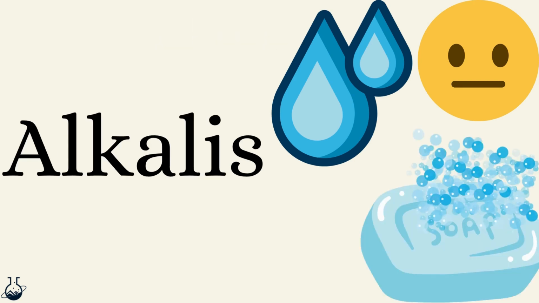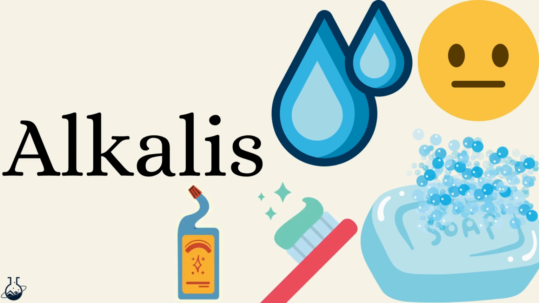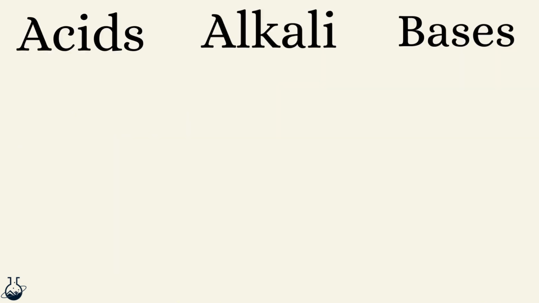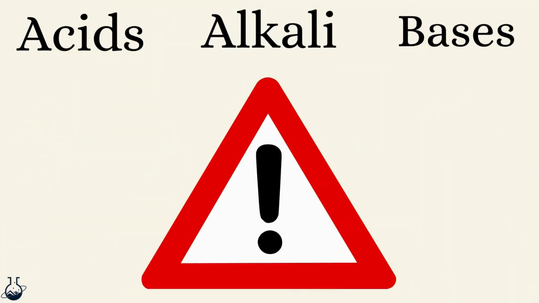Alkalis are generally soapy textures and react well with oils and fats, so work well for cleaning purposes, like in toothpastes, or for stronger requirements, like bleach. Despite having their differences in uses and properties though, acids, alkalis and bases all have something in common. Caution must be taken when using them in the science lab.